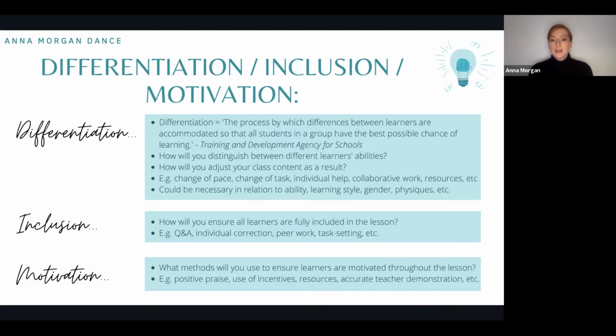It might be that you are doing Q&A, question and answer, throughout the lesson, but you're making sure that nobody answers twice so we don't hear the same voice over and over again. It could be that you're doing lots of individual correction, so you know that you're including those learners as you speak to them. Using their names is essential as well, so you must learn their names and then you can include them. Peer work, so that they're having to engage with their peers, task setting, etc.